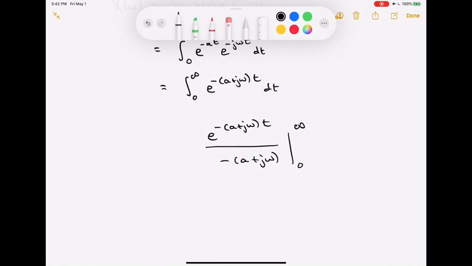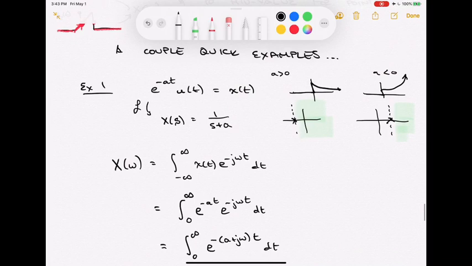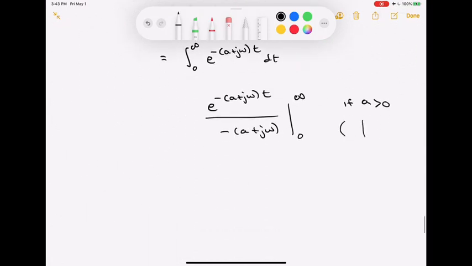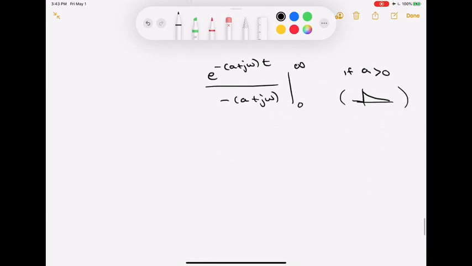Okay, well, it turns out in this particular case, if a was greater than 0, and if you remember a greater than 0 was that case of a decaying exponential, so that's to say that this thing looked like a decaying exponential. If a is greater than 0, then e to the minus a plus j omega t, when t goes out to infinity, will decay.